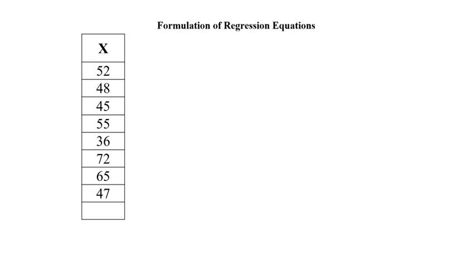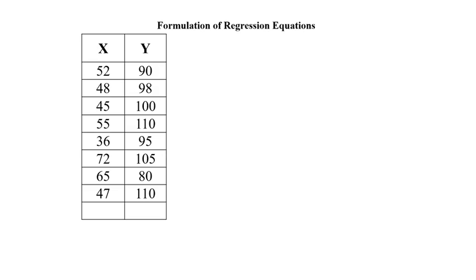Let us do it. Similarly, the formulation: x variables have been taken, y variables have been taken. To find x bar and y bar, we need summation of x, 420, and summation of y, 788. Find x bar, it will be 52.5. Observe, here we are getting a fraction, not a whole number.